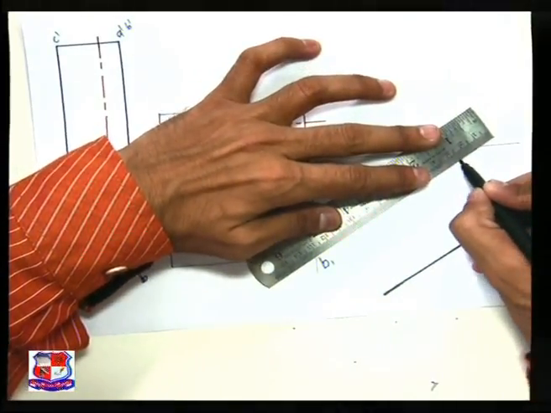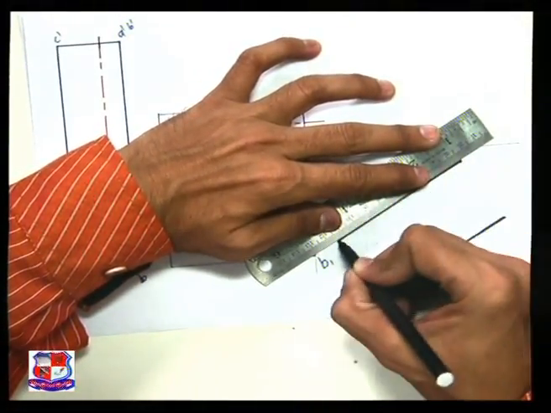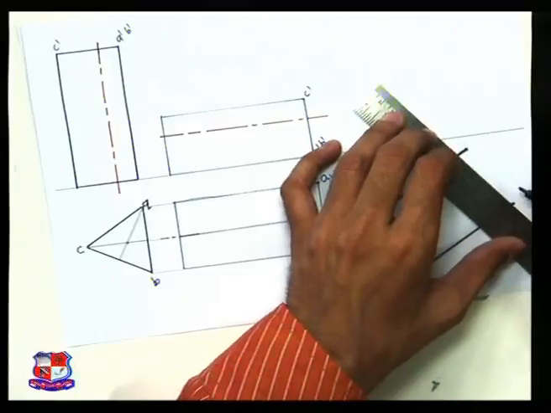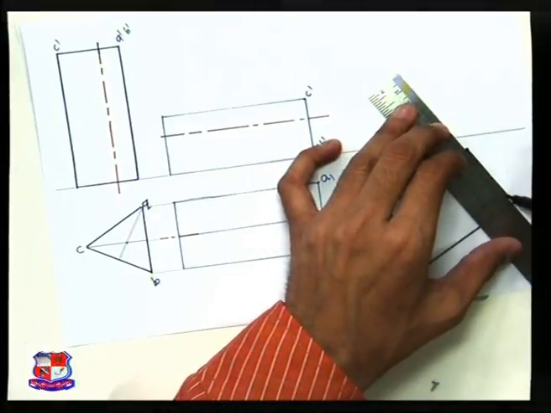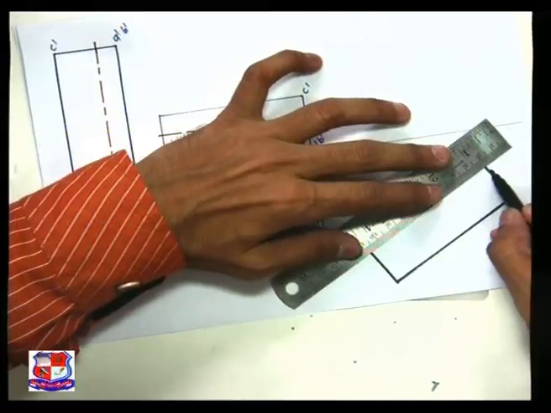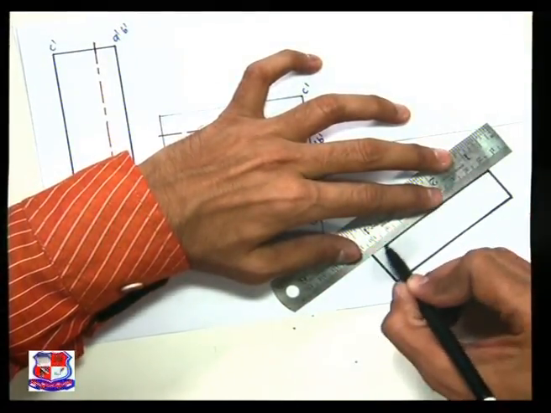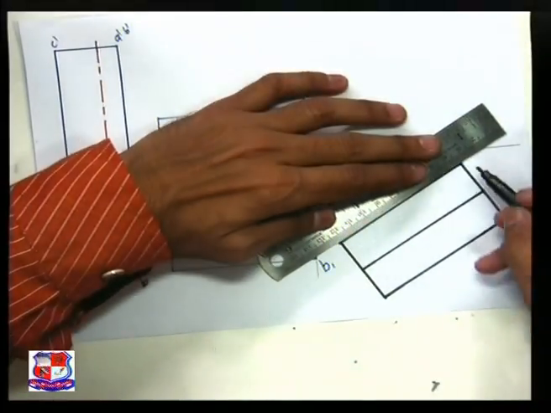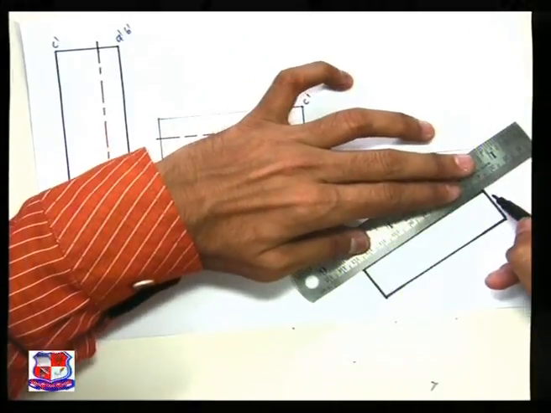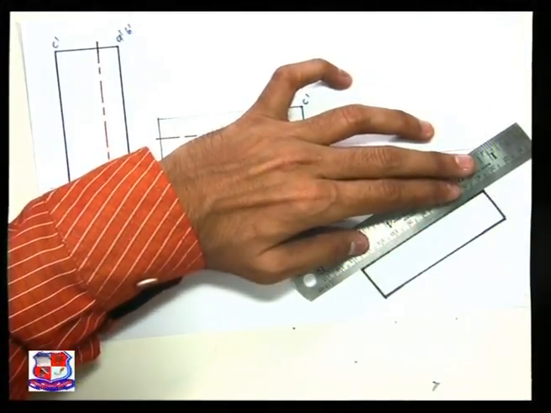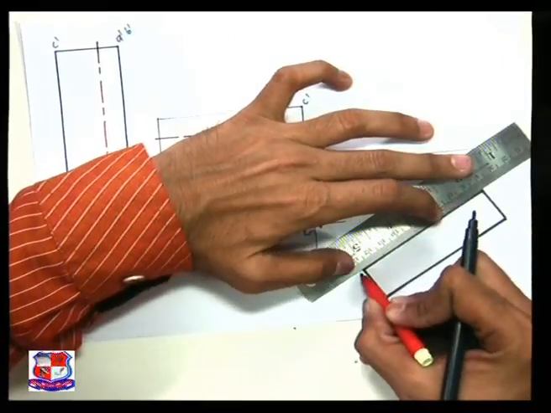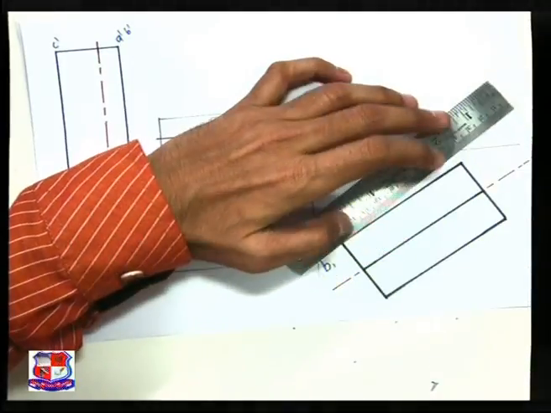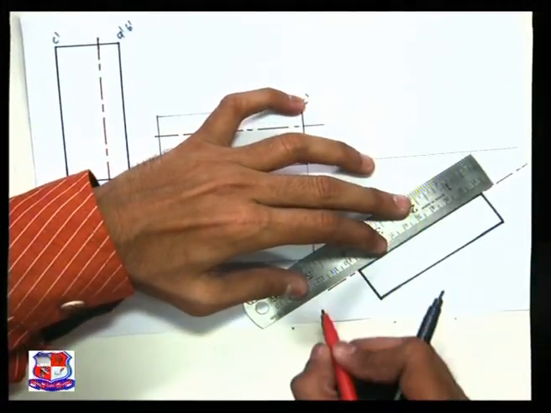So first we draw a line at an angle of 30 degrees with the XY line and transfer all the points by measuring the distance from the previous top view, and just redraw all these points over here. So this rectangle is redrawn like this, and the angle of this axis with the XY line is 30 degrees. So let me draw the axis here as well, right? And this angle is 30 degrees.